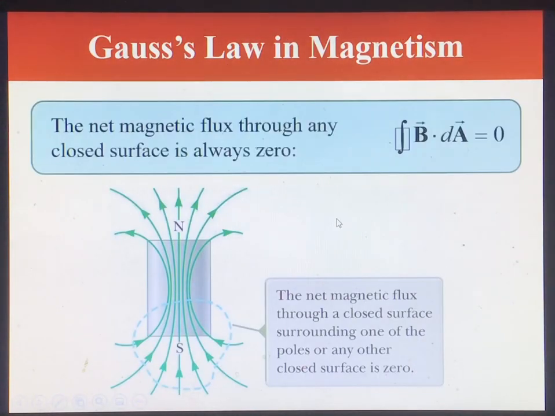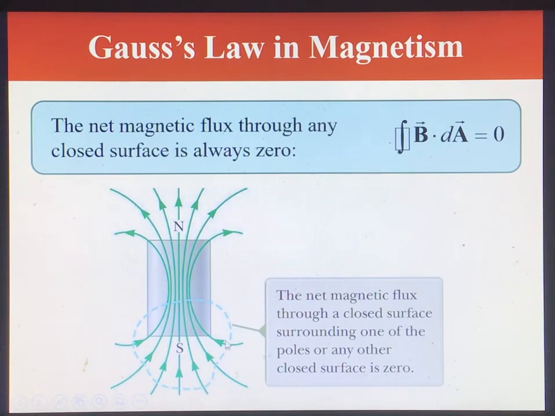All right, so generally, Gauss's law in magnetism simply says that the net magnetic flux through any closed surface is always equal to 0. This makes perfect sense because if we look at a closed surface, for example this dotted line right here, and I look at the bottom, I have magnetic field lines going into the surface and magnetic field lines going out of the surface.